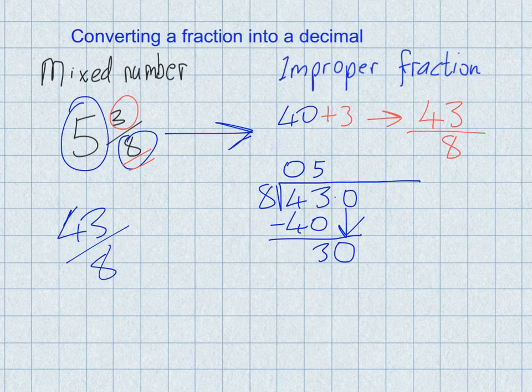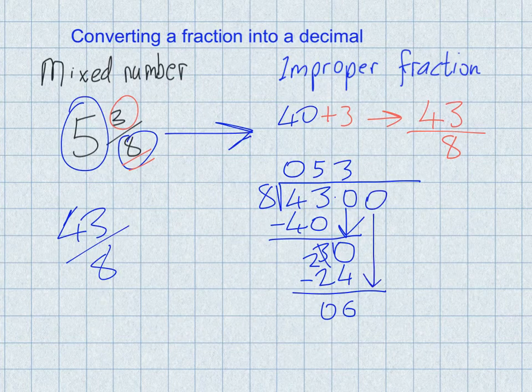Can I count up an 8 towards 30? Yes, I can. 3 8's will give me 24. So I'll subtract that. 24 subtracted from 30 gives me 6. Can I count up in 8s towards 6? No, so I have to bring down another 0. And the question is, can I count up in 8s towards 60?